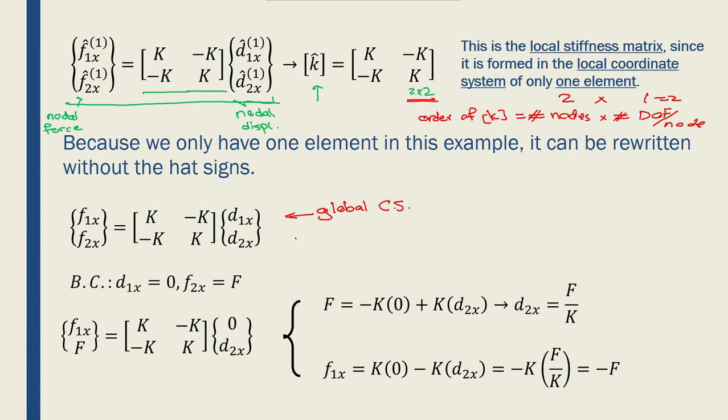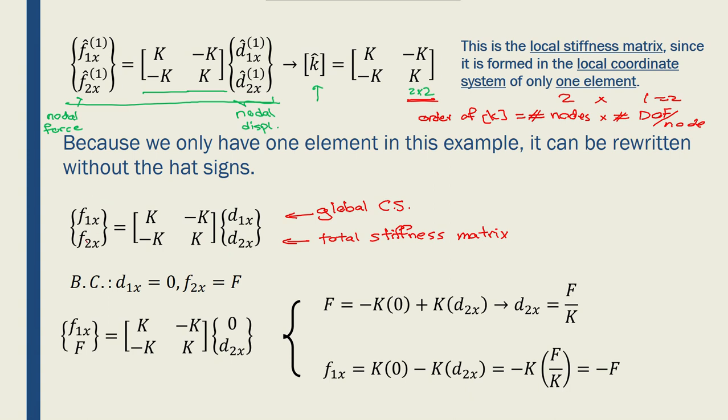And also because we only had one element and all the nodes are included in this matrix, this could also be called the total stiffness matrix. But we'll cover these notations throughout the course, so don't worry about it right now. I'm just telling you what these hats and not hats mean.